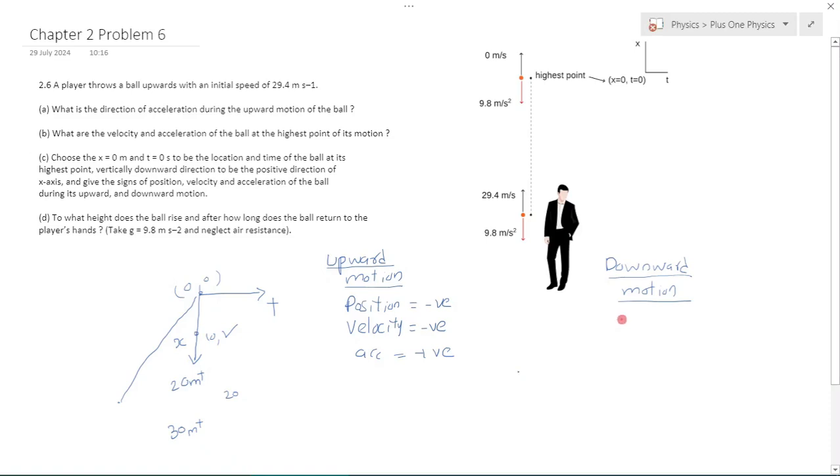The position begins to take positive values, and the change in position with respect to time is also positive. That is the velocity. And the acceleration is not changing at all, and its direction is always positive. From here we can understand that gravity is always in the positive direction.